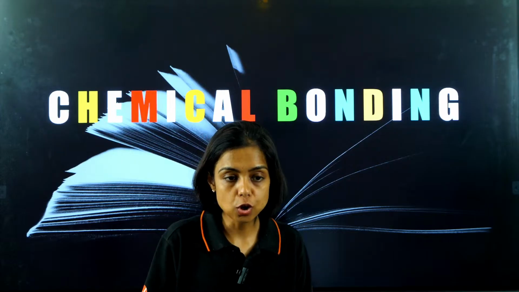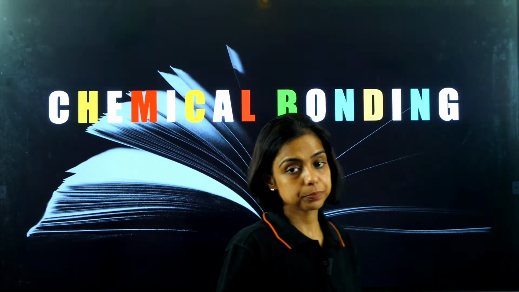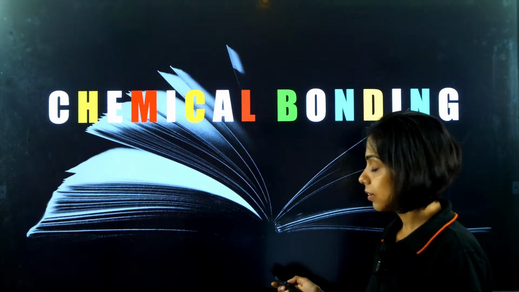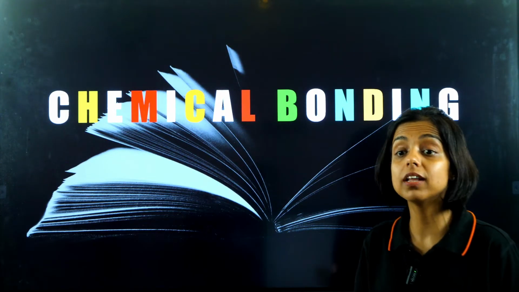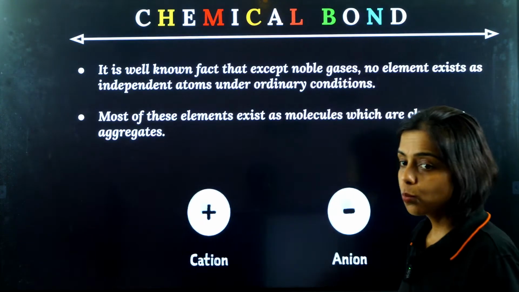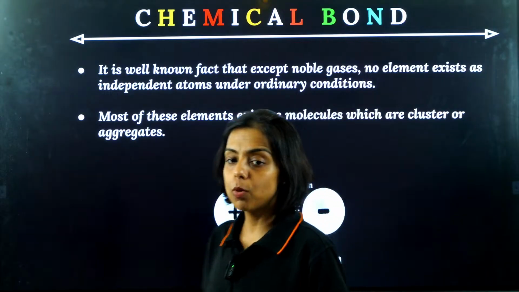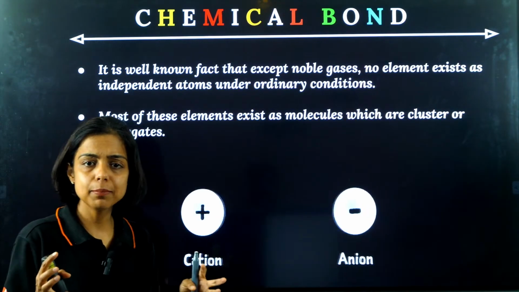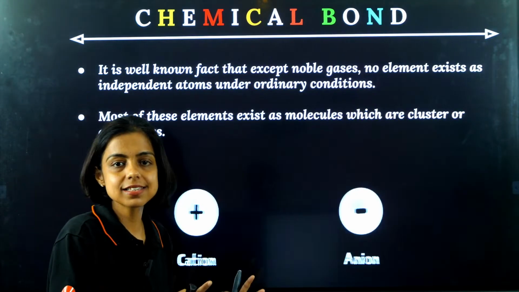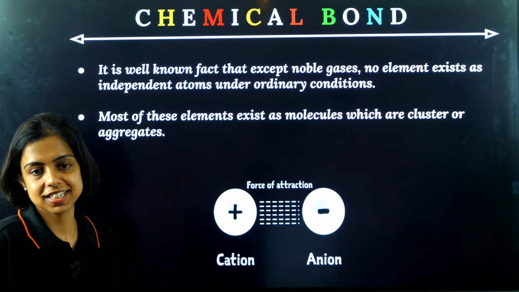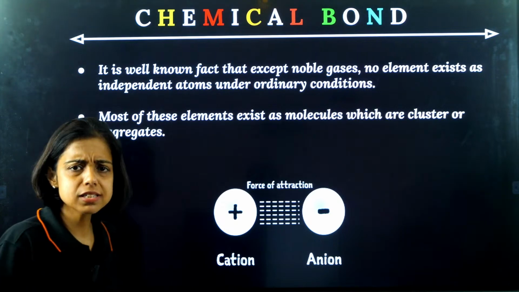I'm sure you must have seen atoms making bonds, making groups with other atoms. Why do most elements exist as a molecule or cluster? They don't exist independently like noble gases.